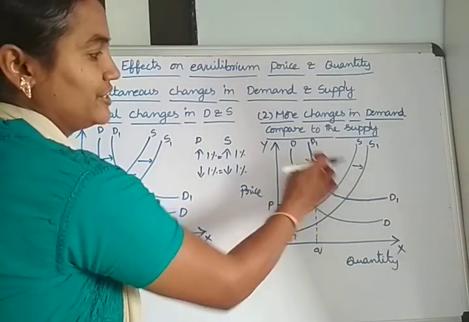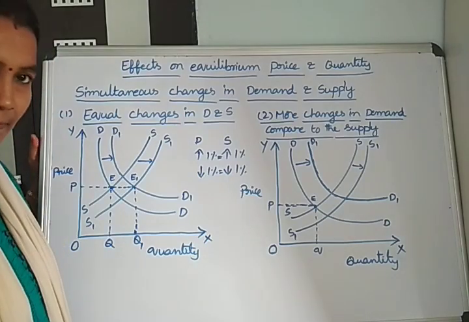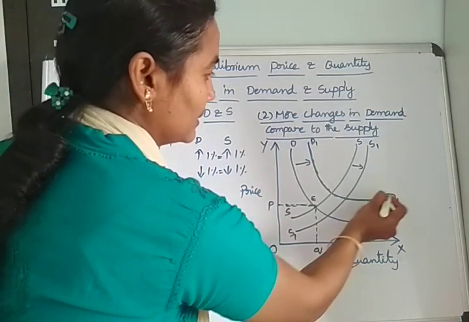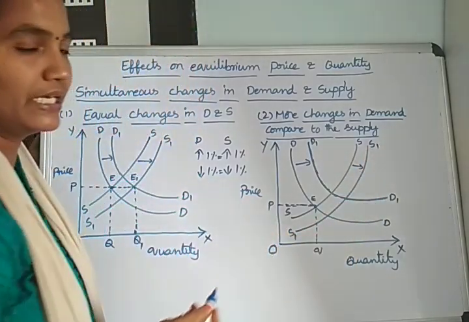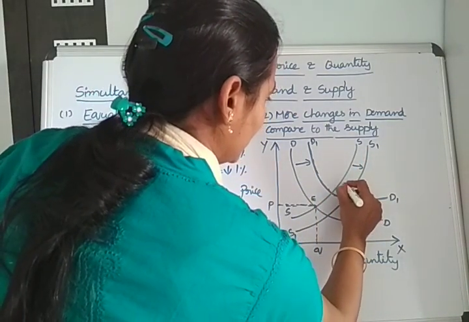There is a more proportionate change in quantity demanded and a less proportionate change in supply. The new demand curve and new supply curve are D1 and S1, and these two intersect at point E1.